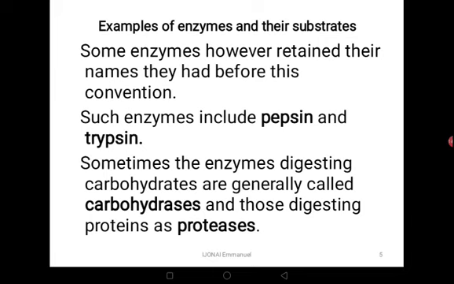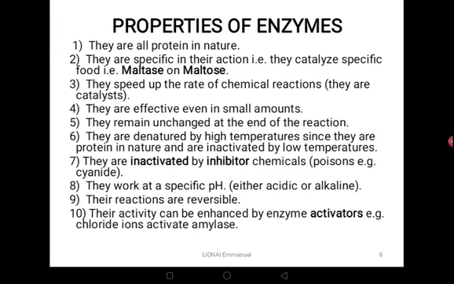So we can give them a general name, carbohydrases, because they act on carbohydrates. Then we have enzymes like pepsin and so on. Those ones act on proteins. So we have a general name, proteases. Proteases meaning they act on what? Proteins. So you can also group them like that. So nomenclature of enzymes has been interesting, hasn't it?